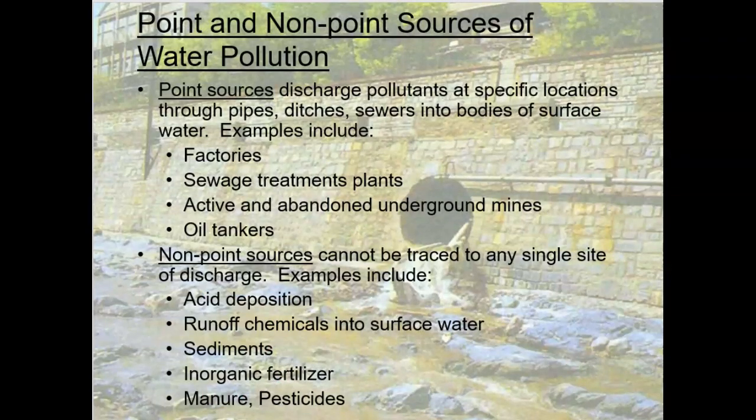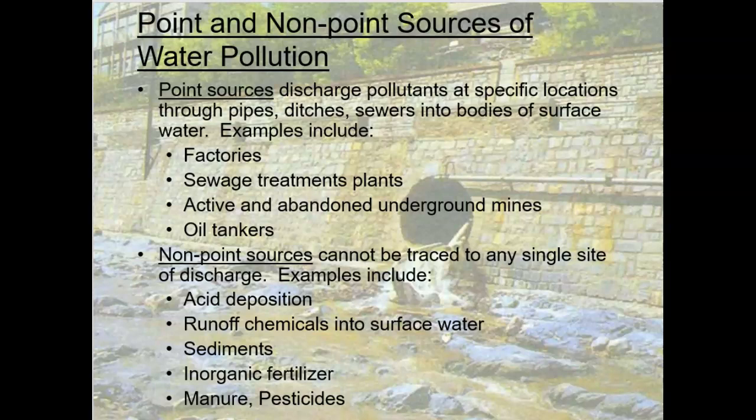So there are different ways of looking at this. They are called point sources and non-point sources of water pollution. A point source is a specific location where the water pollution comes from. Those include factories and sewage treatment plants, and even an oil tanker leaking oil, where you'd know exactly what that point of discharge is.